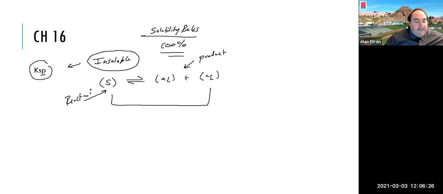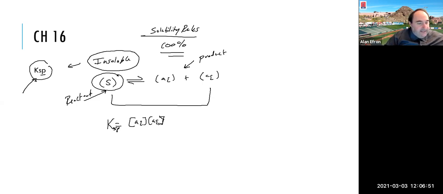And because KSP really is just an equilibrium constant, we would do our products over our reactants. In this case, it will just be the products in most of the cases here, because solid is always there on the reactant side. So there's really nothing on the bottom when we do KSP. So this is the general setup for KSP.